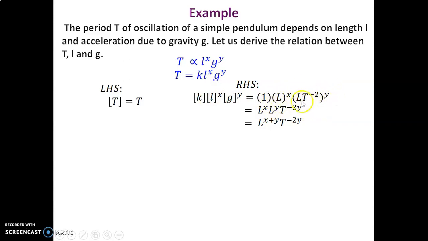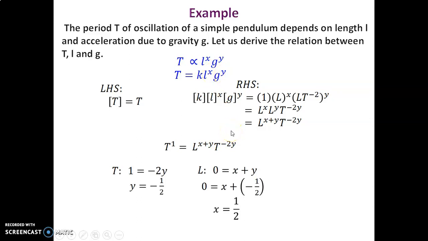Now you have to expand the equation, then you get the dimension for the right hand side as L to the power of x plus y and T to the power of negative 2y. Now you write down the dimensions on both sides of the equation. So we get T equals L to the power of x plus y and T to the power of negative 2y.